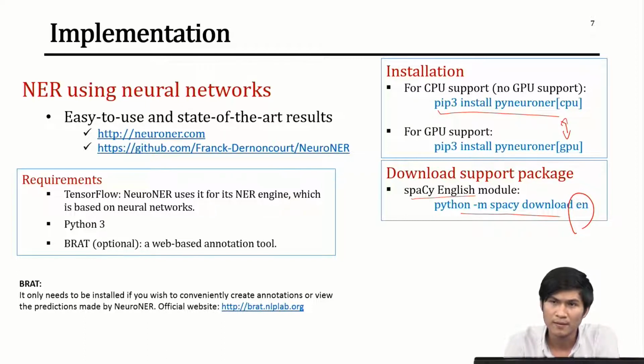And we may need some additional tools like BRAT. It is optional. We can install it, or we can just leave it, and it is a web-based annotation tool, which helps us annotate the text more visually. And this is the visual documentation for BRAT. We can see more detail in this link.